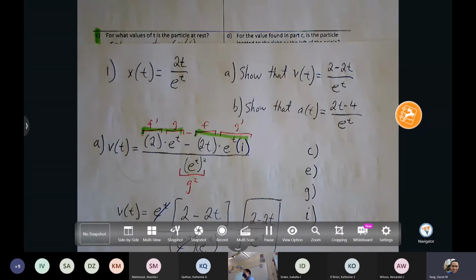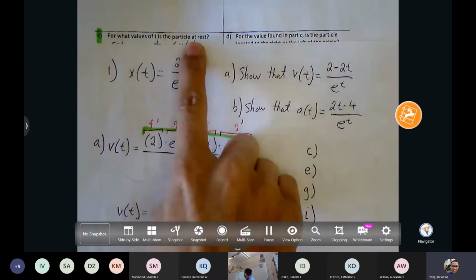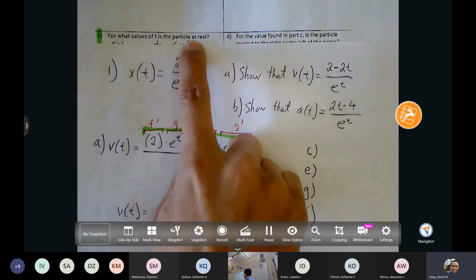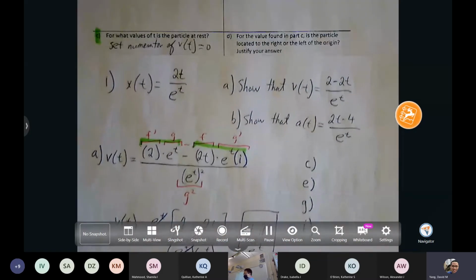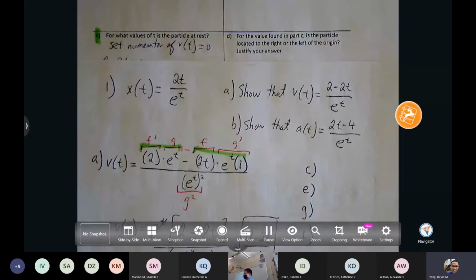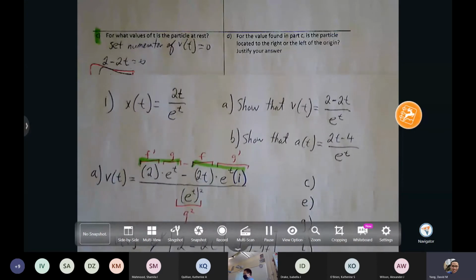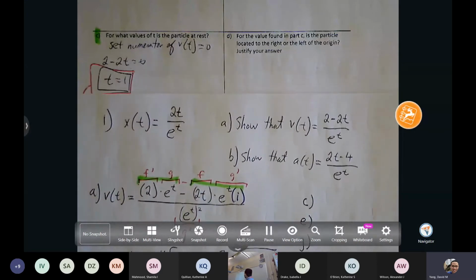We want velocity to be 0, not undefined. So there's a distinction there. We're looking for at rest, so we don't want when the velocity is undefined. We want when velocity is 0. Good, so just the numerator. We set 2 minus 2t equal to 0. We solve for t. We get t equals 1.